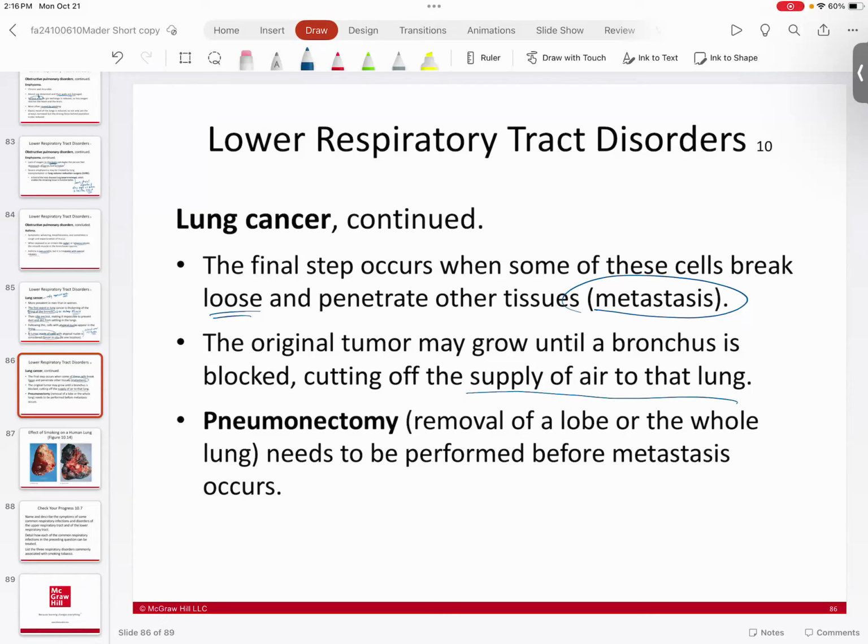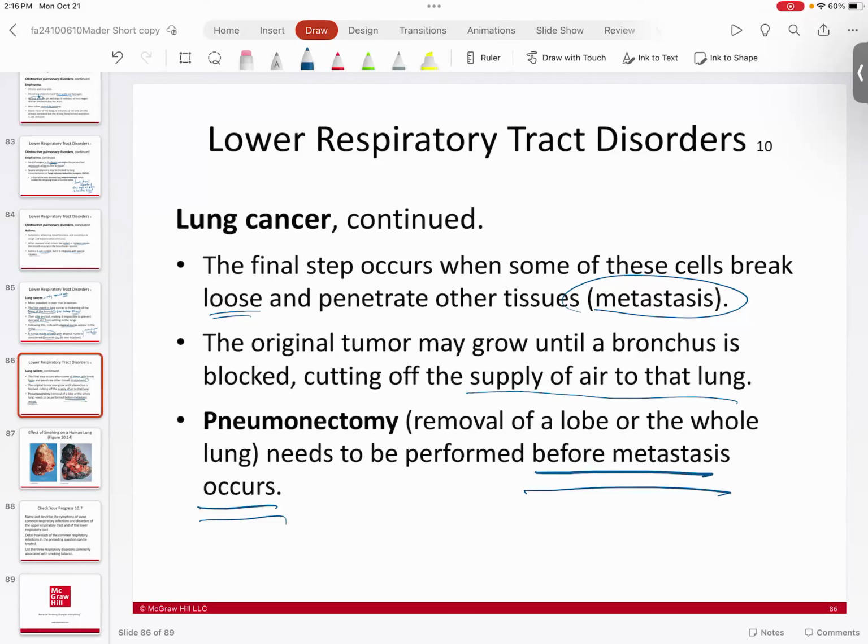And so if it happens to be in your lungs themselves, you can remove a part of that lung. That's oftentimes something you can do, because you can live without a lobe of your lung. So if there's a tumor inside one of the lobes of your lung, you can eliminate that lobe and you could still probably have enough lung tissue to be able to survive. But you have to get this before metastasis.